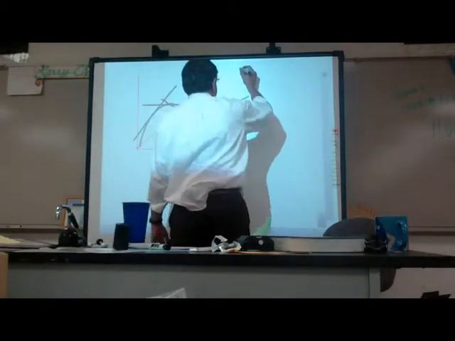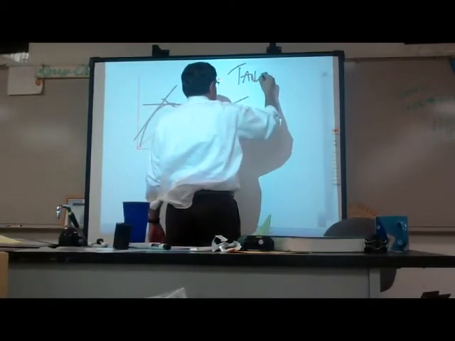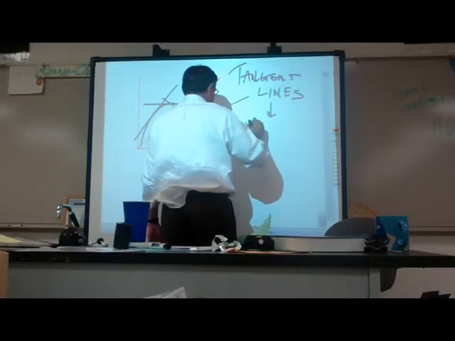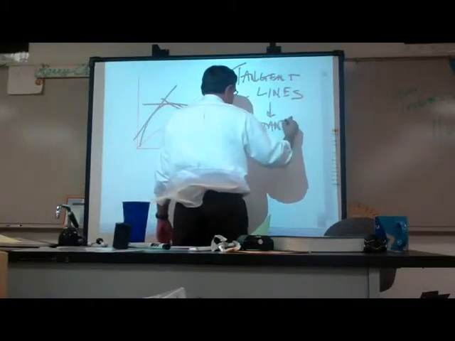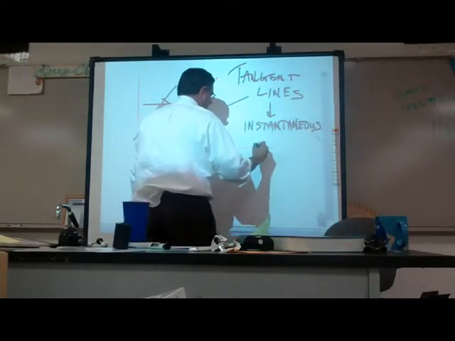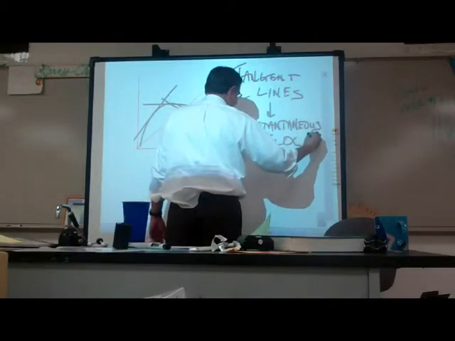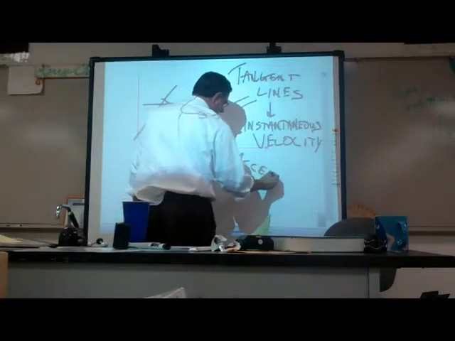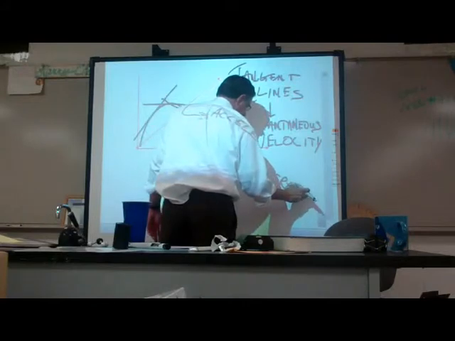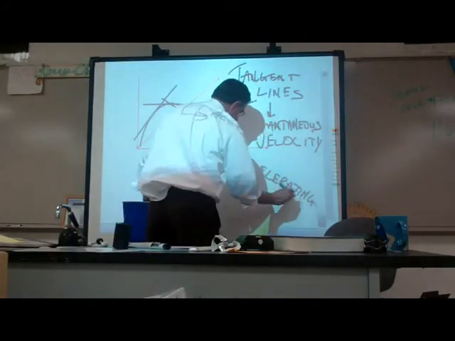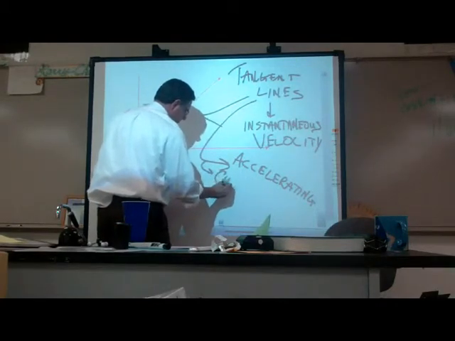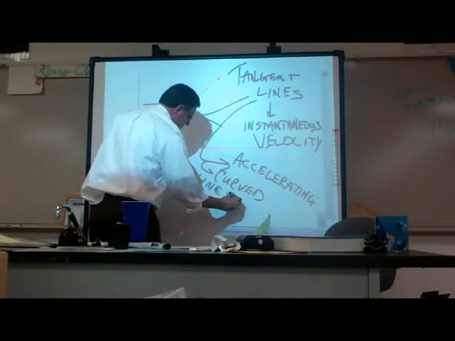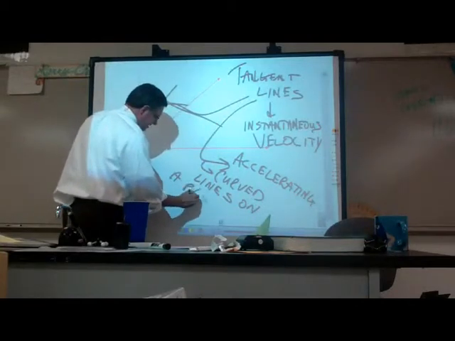So you use tangent lines to give you instantaneous velocity, and you only draw those when you are accelerating, or when you have curved lines on a position time graph.